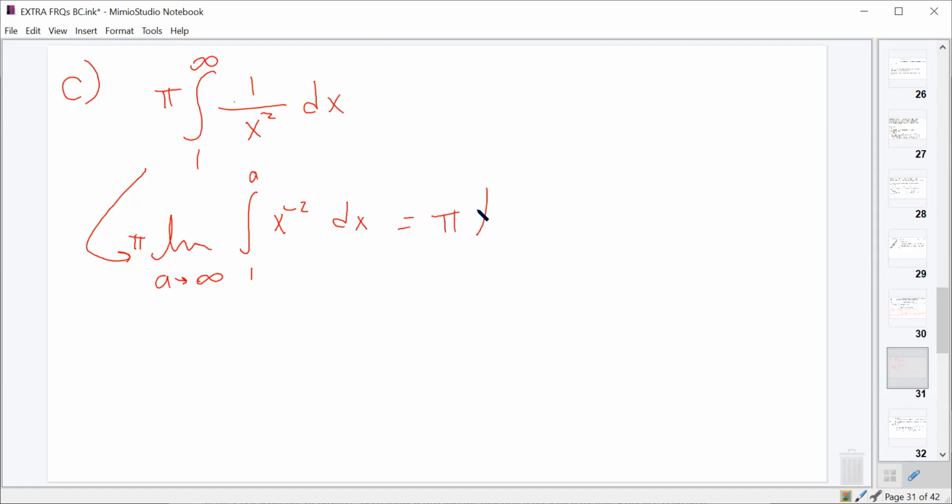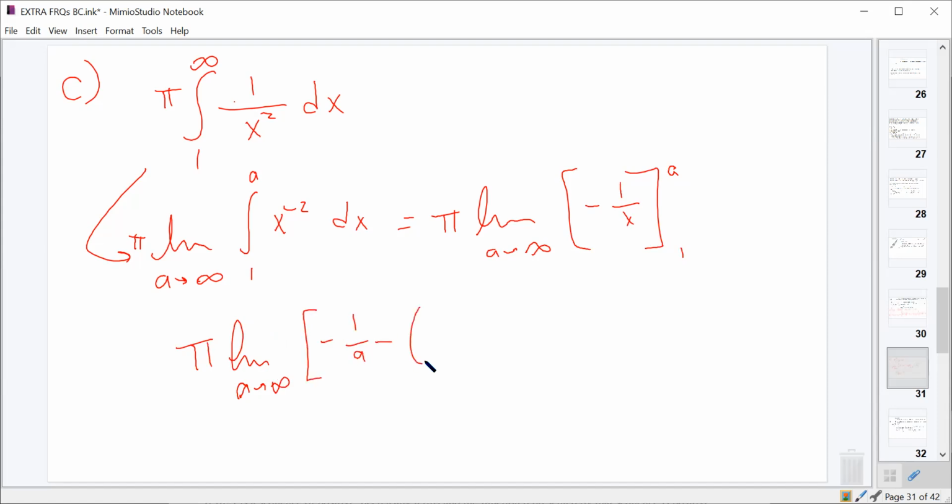So then this becomes pi times the limit as a approaches infinity. Integral of 1 over x squared, or x to the -2, is just -1 over x from 1 to a. And so we'll have pi times the limit as a approaches infinity of -1 over a minus -1 over 1.